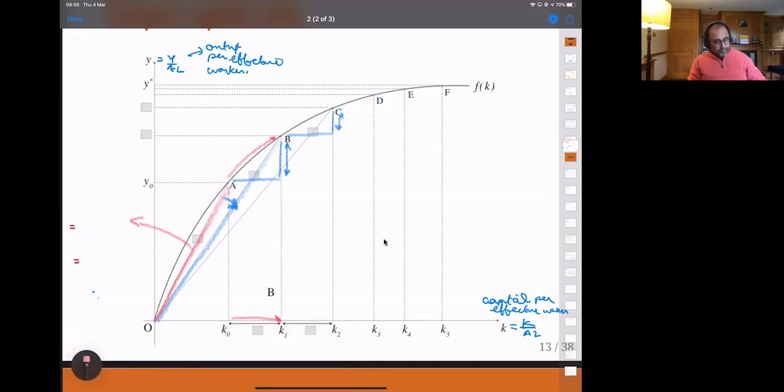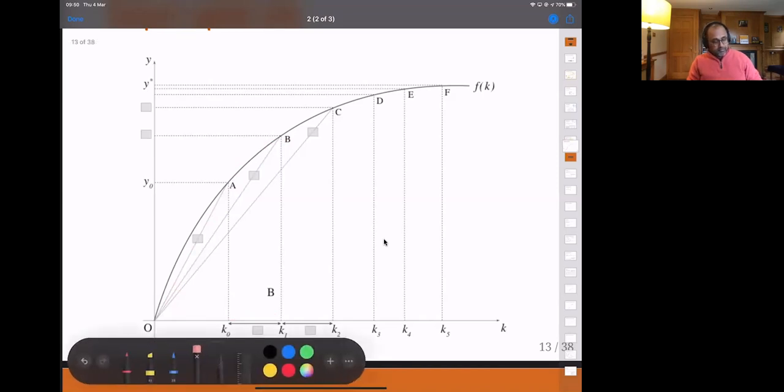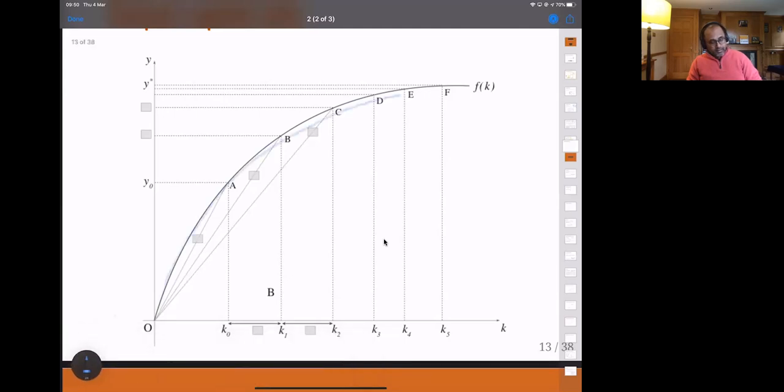If you take a really broad view, the reason why the production function is shaped in this way is because of diminishing marginal product of capital, the fact that at the margin, capital becomes less productive.